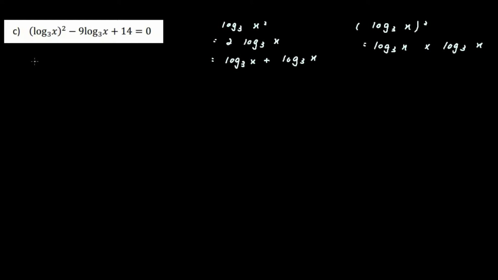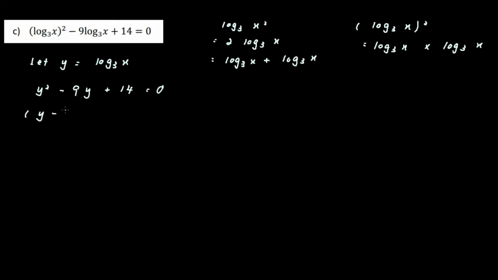Let us define a variable. Let y equal log base 3 of x. Now we can change the whole thing: y squared minus 9y plus 14 equals 0. Now you can continue to solve it.